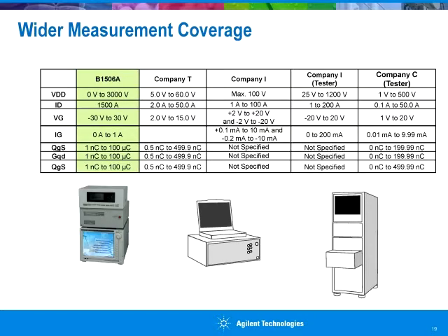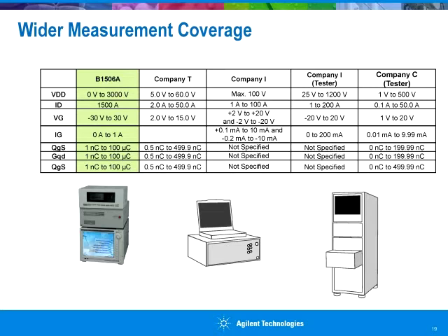Okay, here is a summary comparison with existing solutions. As you can see, the gate maximum current and voltage of the B1506A are extremely larger than other solutions. The B1506A can swing gate voltage from minus 30 to plus 30, and gate current is up to 1 ampere to drive the gate of a big IGBT module.